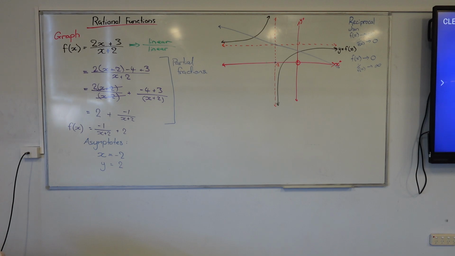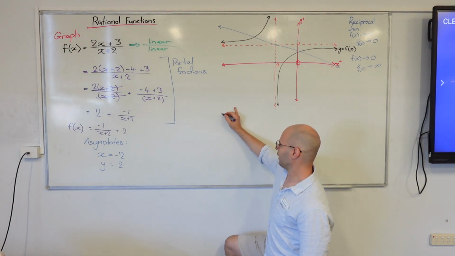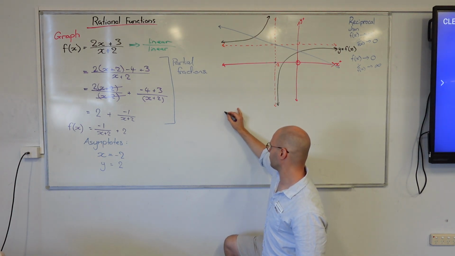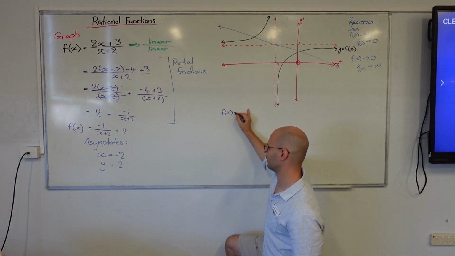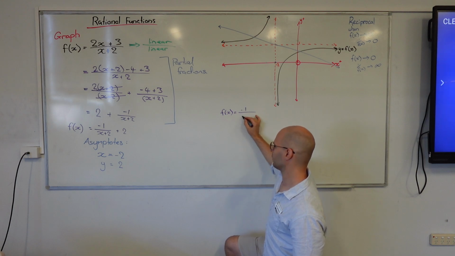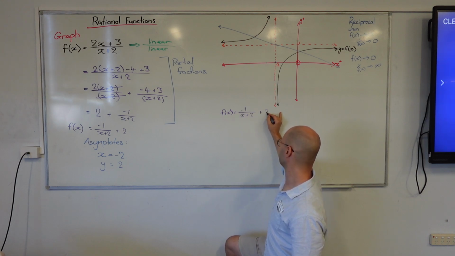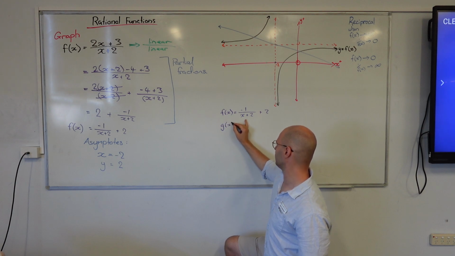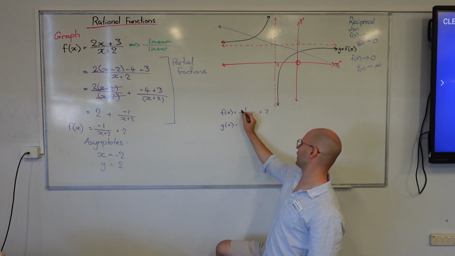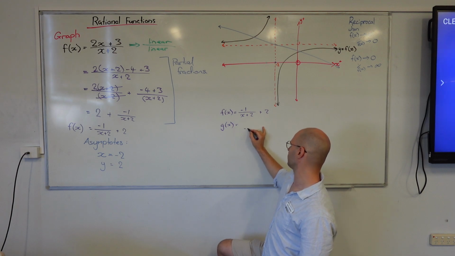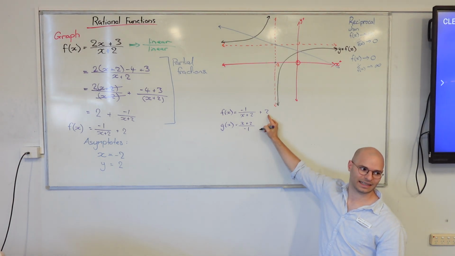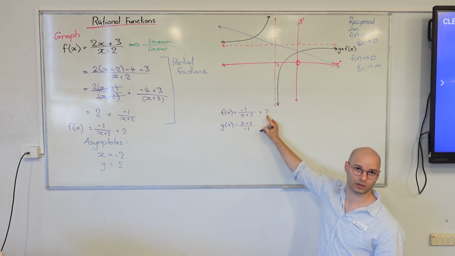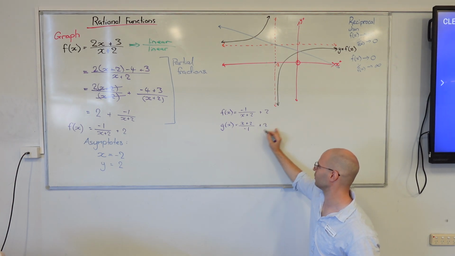So what we end up getting is, I won't say 1 over f of x, but let's say that g of x is going to be this guy here flipped upside down, and then I'm just going to tack on this constant here.